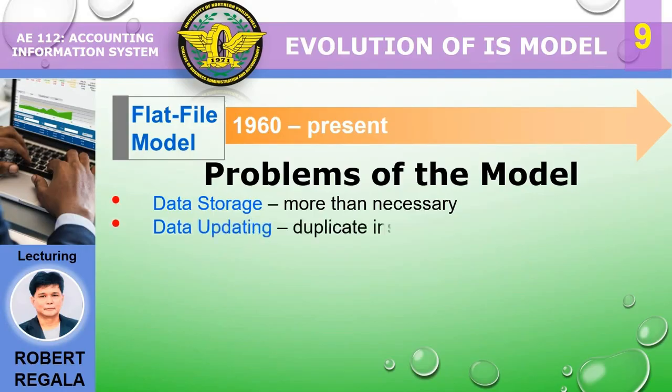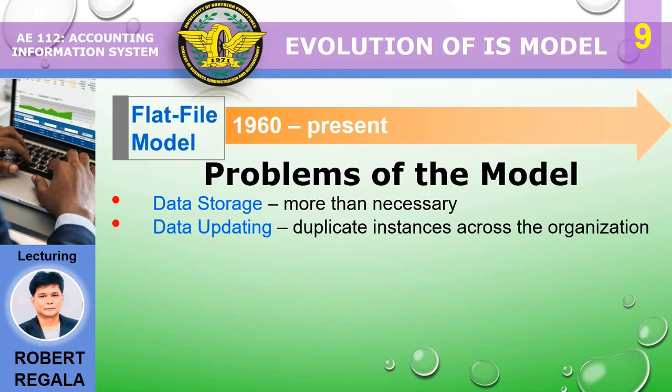2. Data updating. Organizations have a great deal of data stored in files that require periodic updating to reflect changes. For example, a change to a customer's name or address must be reflected in the appropriate master files. When users keep separate files, all changes must be made separately, for each group of users.